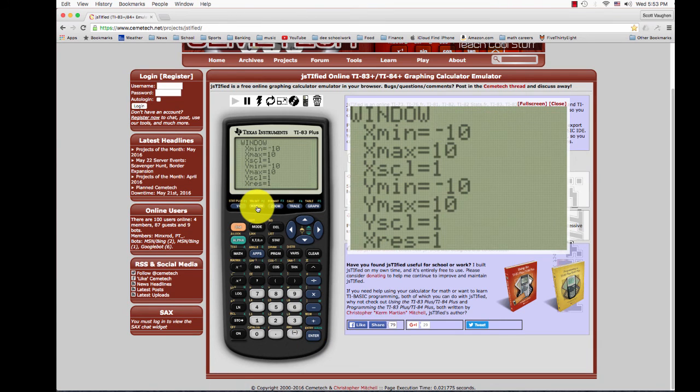I hit window, and let's go from 0 to maybe 500. We can count by 50s, so that's the X scale. And then the Y minimum, let's say negative 2,000 up to about 2,000. And then you can count by whatever you want, but let's maybe go by 500 for the Y scale.